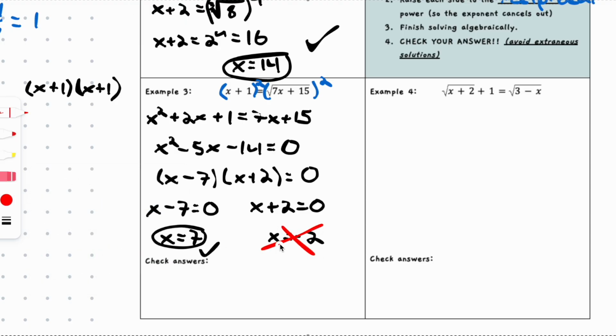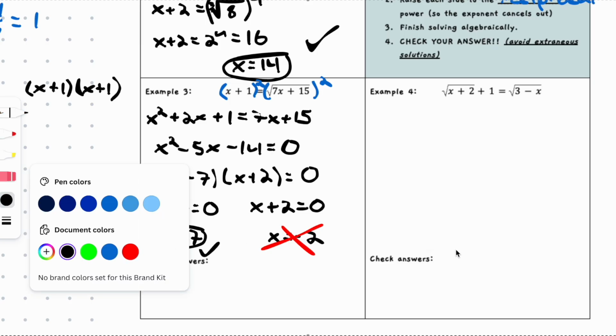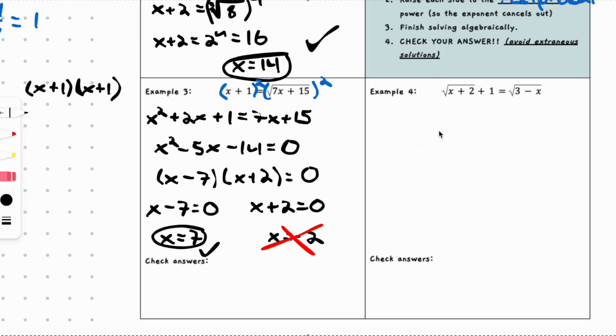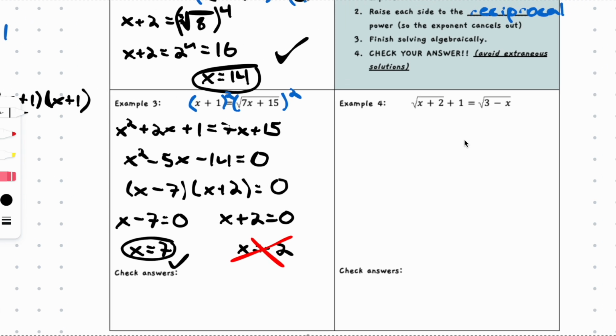Okay? Great. Now let's work on example 4. So this is probably going to be the hardest case, and it's the hardest case because we actually have to do it 2 times. You know how one of our first steps is to isolate the radical, so we can just raise to some power.